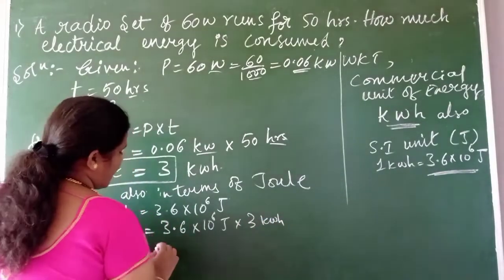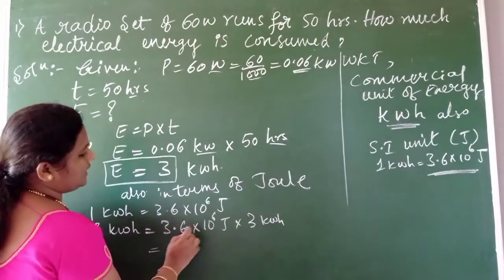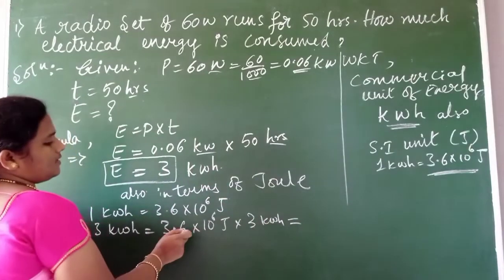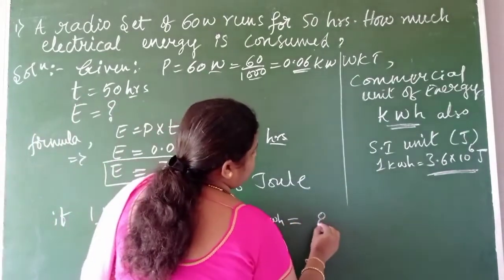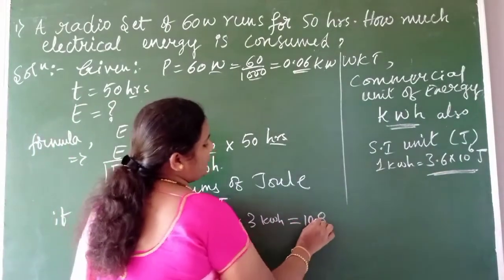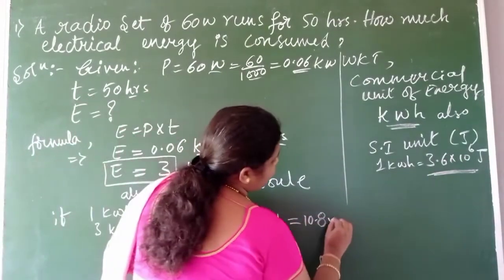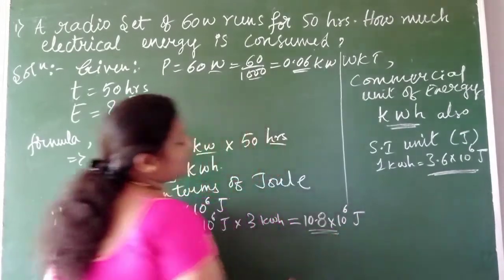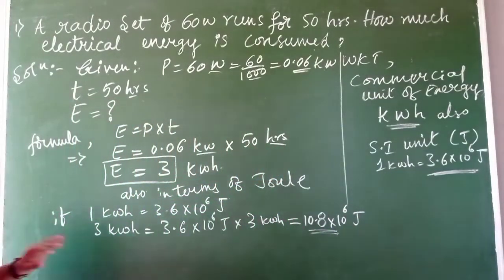So what is the value? Here, better I will write it: 3.6 into 3 is 10.8, that is 10.8 into 10 to the power of 6 joules. This is the value in terms of joules.